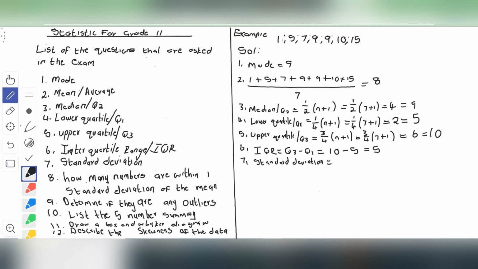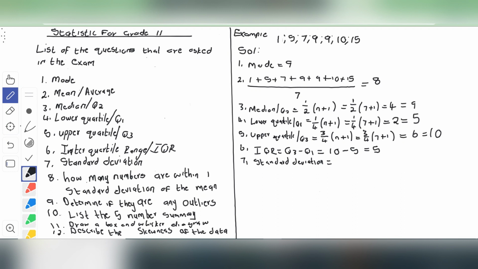So if you don't know how to use a calculator to find the standard deviation, for now, because I don't have enough resources, you can search any video whereby they explain how to use a calculator to find the standard deviation.